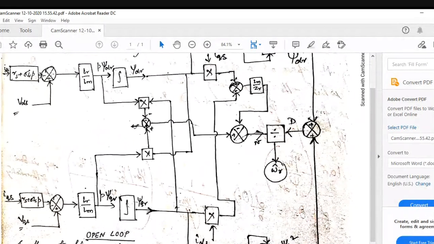From this terminal, from this point, you get VDS minus of RS plus of L plus of sigma LSP into IDS. You get it? And that one is basically equal to your P phi DR actually. Isn't it or not? Tell me.